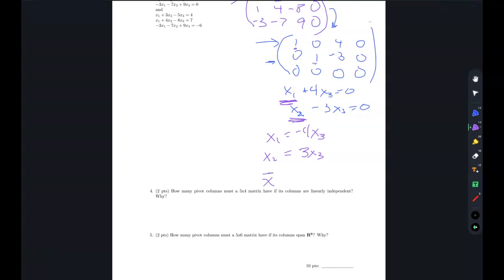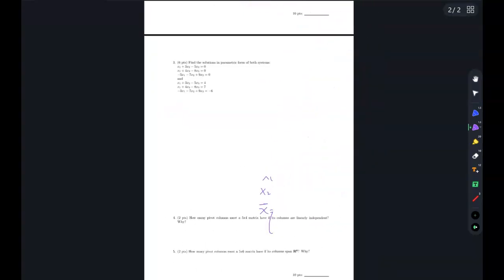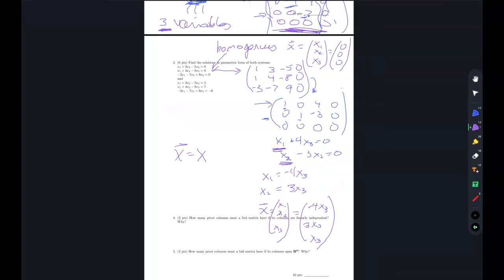Okay, so I'm going to come down here. I'm going to solve for my x, which is x1, x2, x3. So I substitute these in. So I get negative 4x3, 3x3, and x3 is itself. So my solution x is going to be, if I factor out the x sub 3, negative 4, 3, 1.